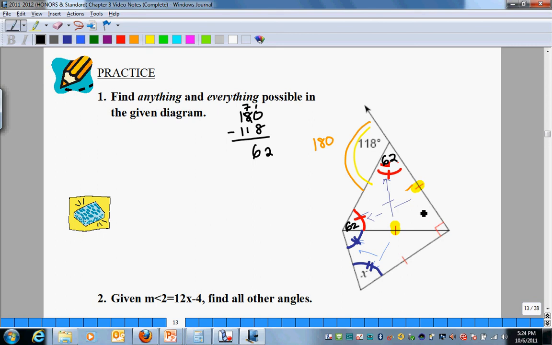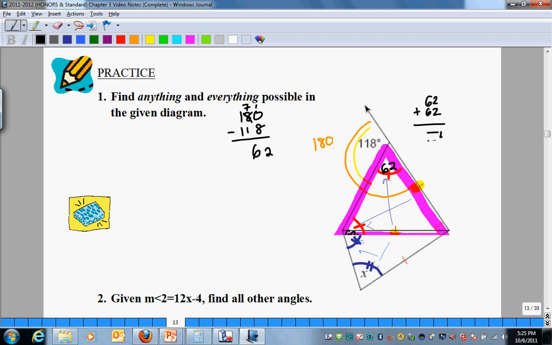And because triangles add up to 180, I know this triangle right here has to add up to 180 degrees. So I can go 62 plus 62, you get 124. And you take that away from 180, and you're going to get 56. So this angle up here is going to be 56 degrees.